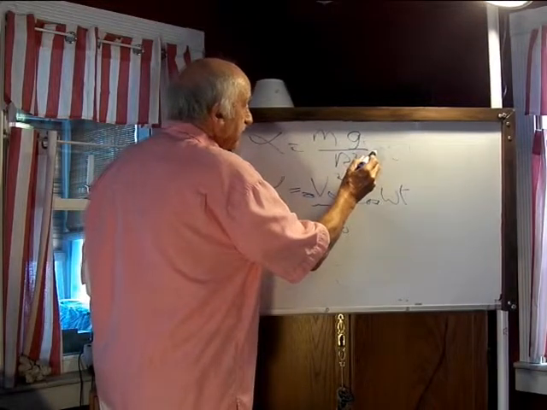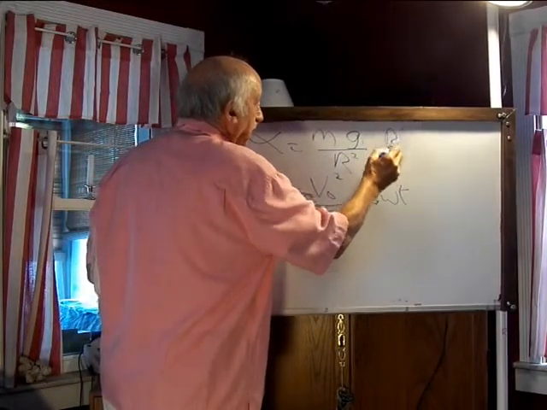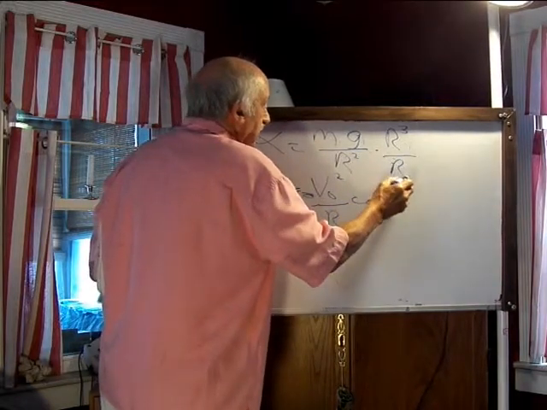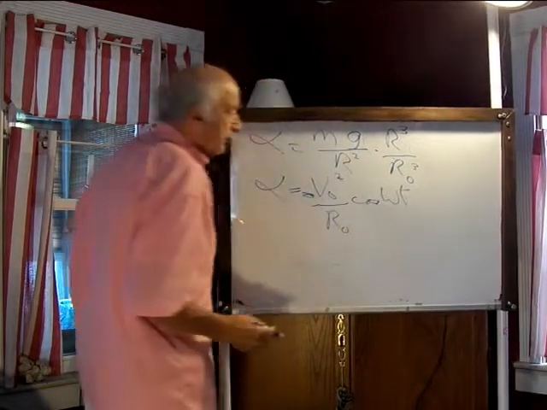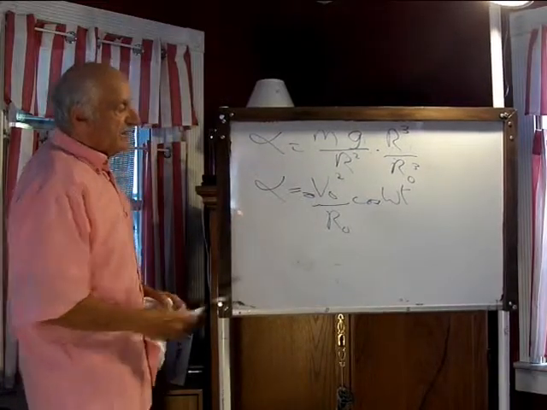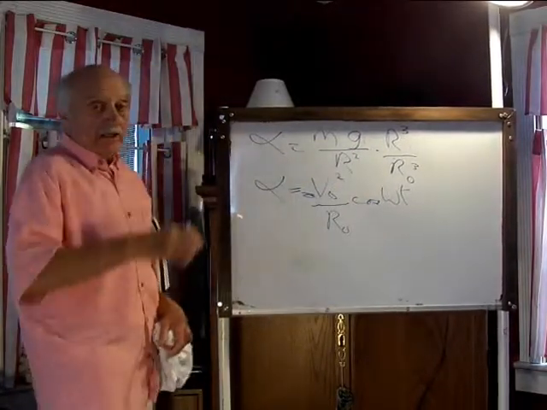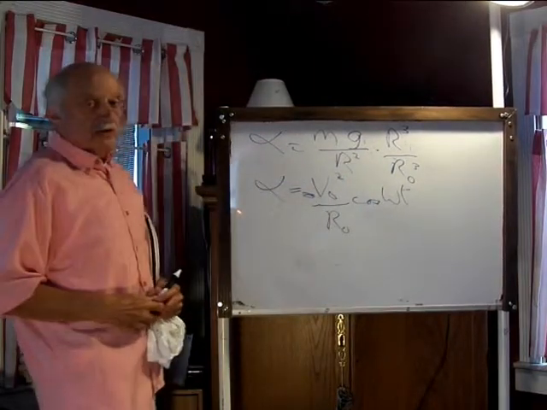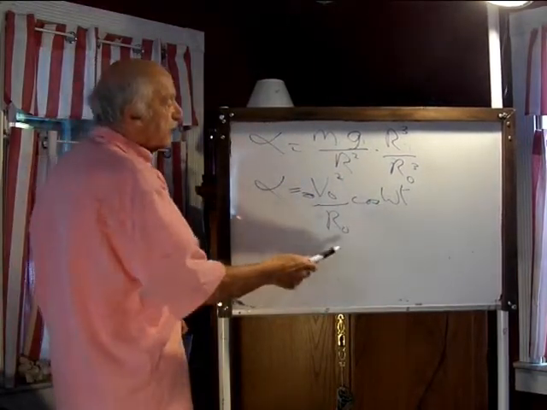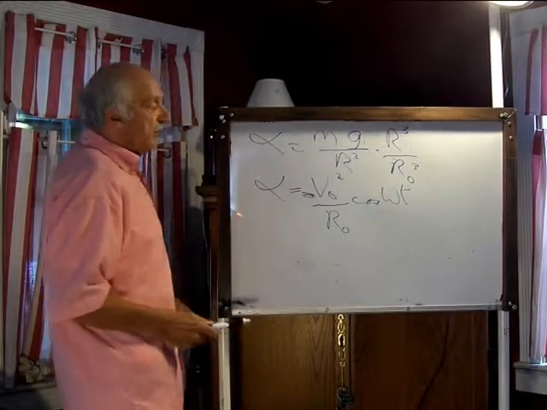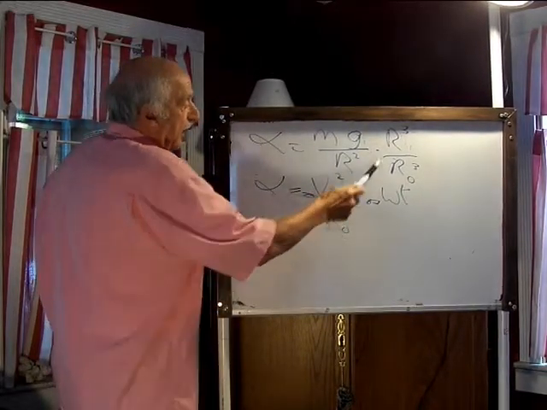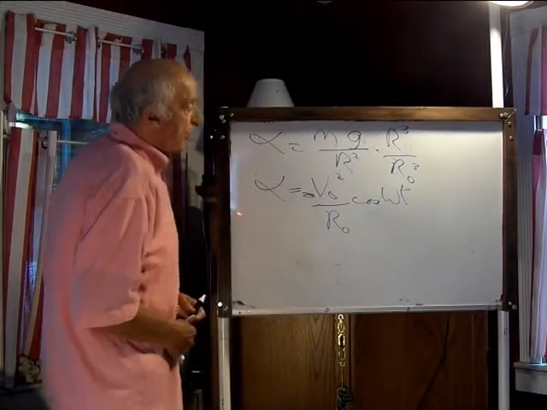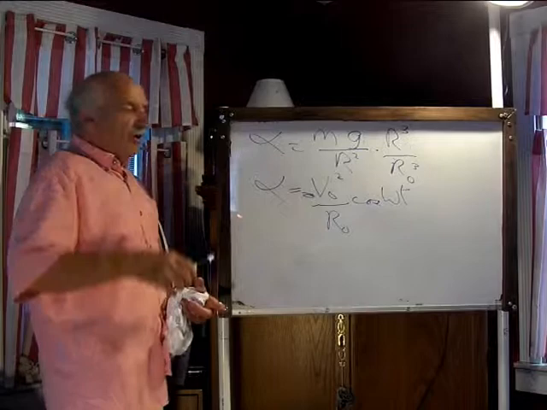The correction is that you multiply by r cubed divided by r naught cubed. This is a correction that says that when r is equal to r naught, namely at the top of the trajectory, then this is 1 and my equation agrees with his. But as something falls, r naught remains constant, but r changes.